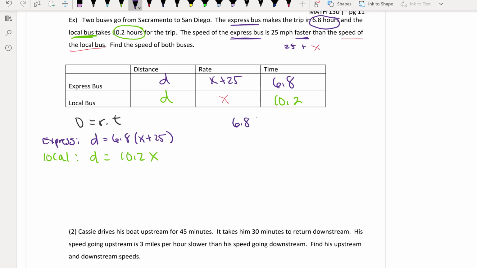So 6.8 times x plus 25 is equal to my 10.2x. So now I'm going to distribute 6.8x plus, and now I'm going to multiply 6.8 times 25, which is 170. And that's still equal to my 10.2x. So from here, I'm going to subtract 6.8x from both sides.